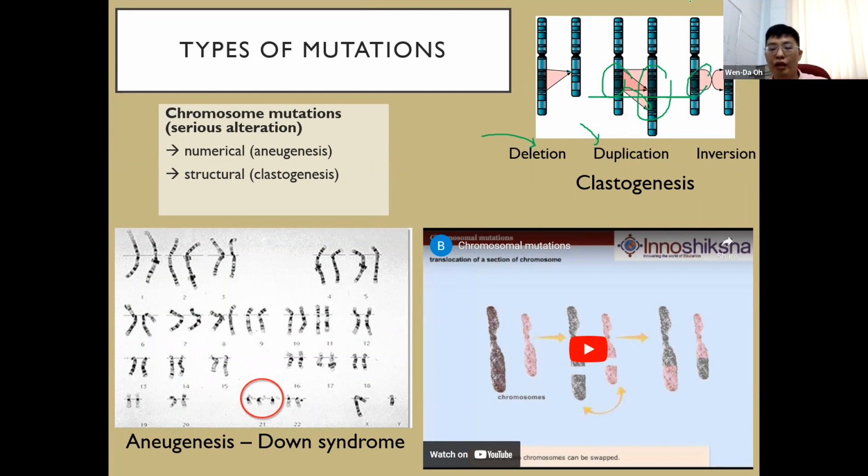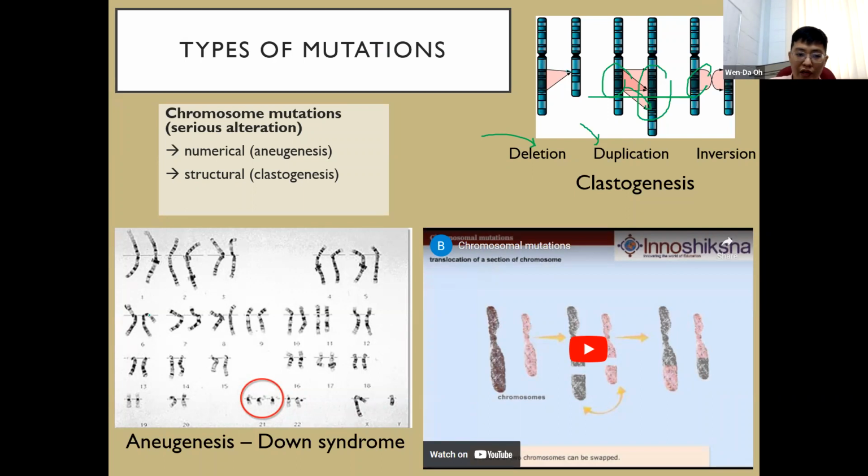It is changed around. So this kind of effect is usually due to enzyme error, and sometimes it's triggered by what we call a mutagen. Mutagen goes inside, and it can trigger cell division, mitosis and meiosis, and it affects the well-being of the chromosome.